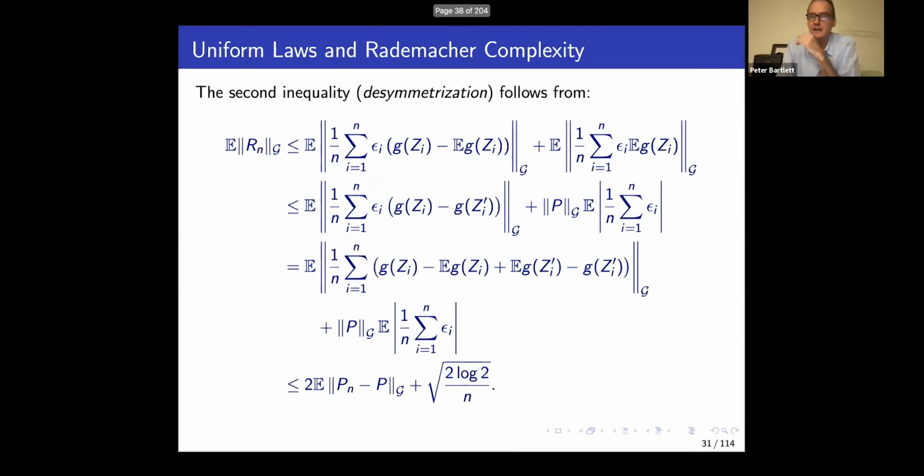We can also get a lower bound. Historically that has been called a desymmetrization inequality. You can get a lower bound by going through some similar steps.